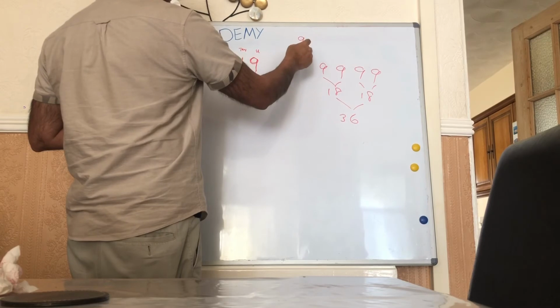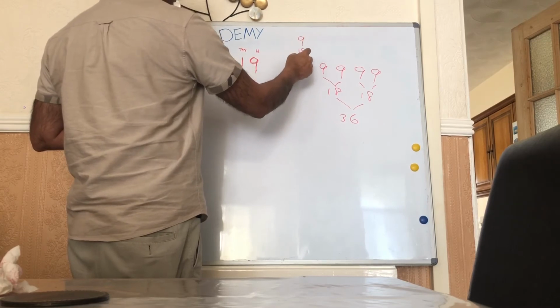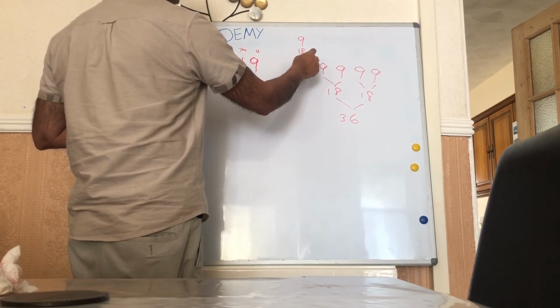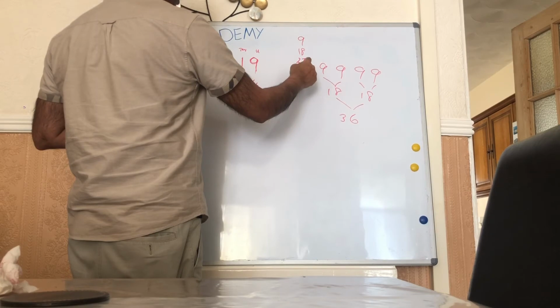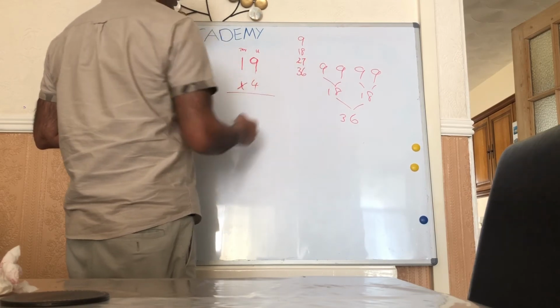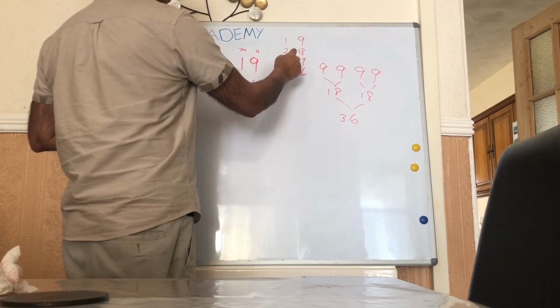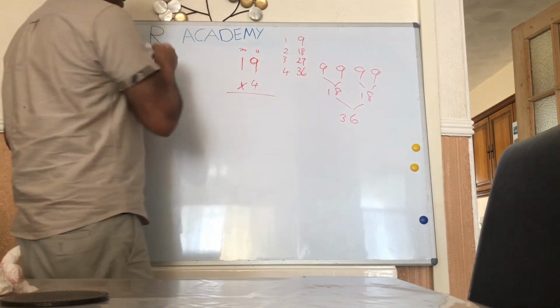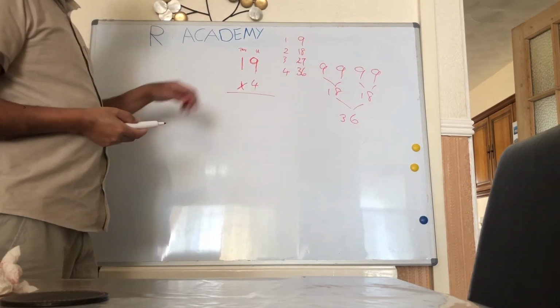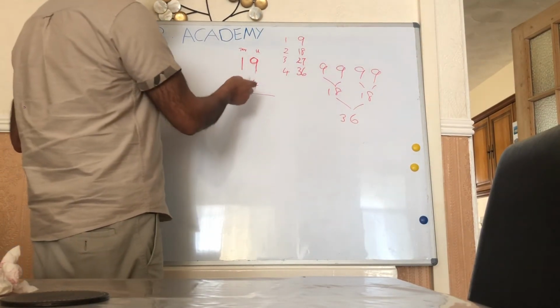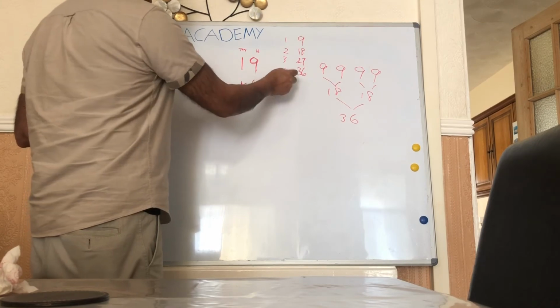Start off with a 9, and then just say 18, and keep adding 9 to each one, so that's 27, and then 36, and so on. So then you can just do 1, 2, 3, 4, relating to what I done previously. So now that you've got a little mini table, as they say, you can easily say, okay, 4 times 9 is 36, there it is.